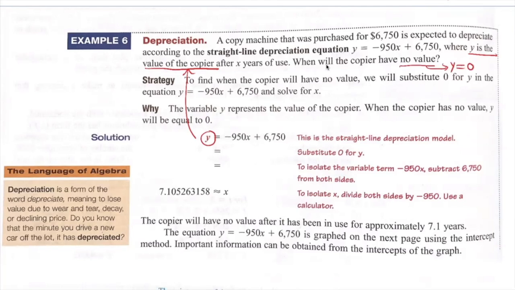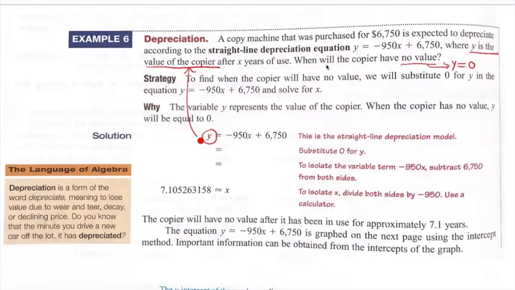We want to find out what X is that gives Y equal to 0. They gave you this straight-line depreciation model, and now you just need to use this model to find out when the copier has no value. So we substitute Y to be 0.